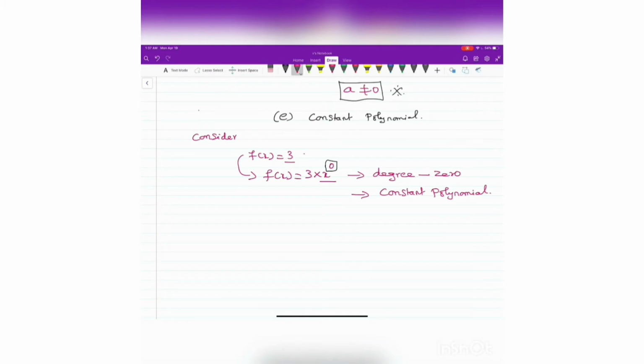I can give you one more example to comprehend better. Just consider p of y is equal to minus 2 by 5. Because this polynomial is in y, I can write it as minus 2 by 5 times y power 0. That means the degree is 0. Therefore, it is a constant polynomial.